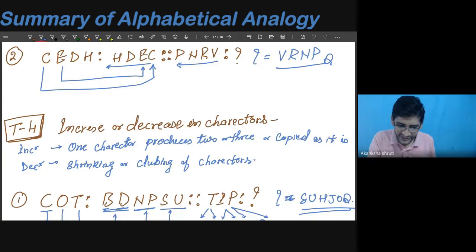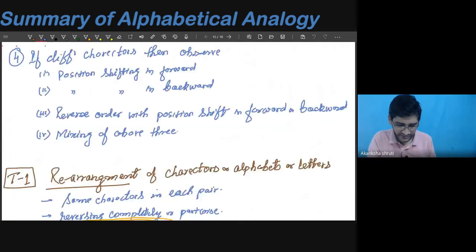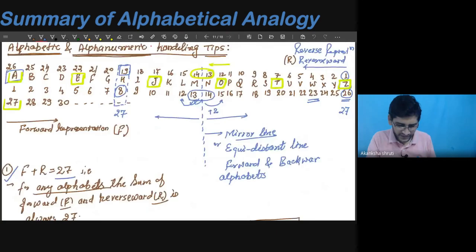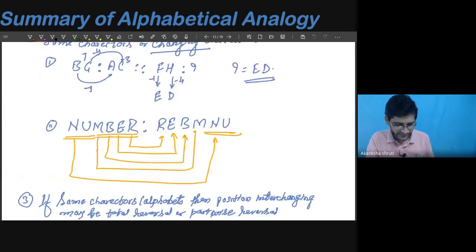So in this alphabetic series, what we have learned, let us quickly recap. Then we may go for the next type of series, which are also very easy. So in this alphabetic series, the important one is converting into position, then quickly searching it.